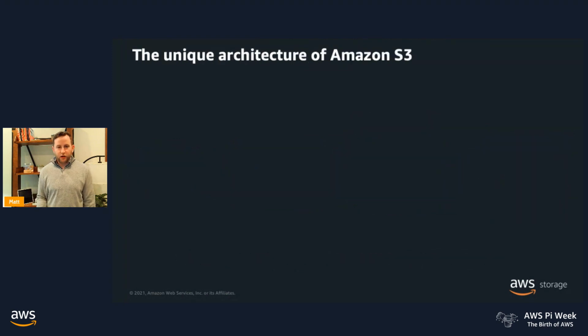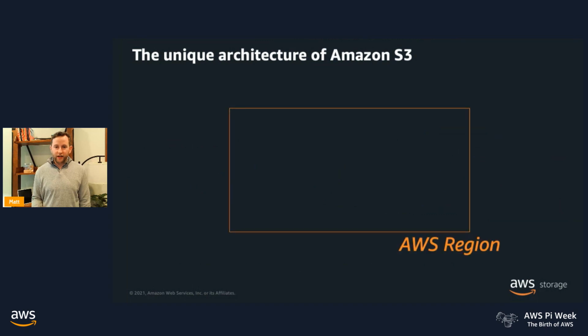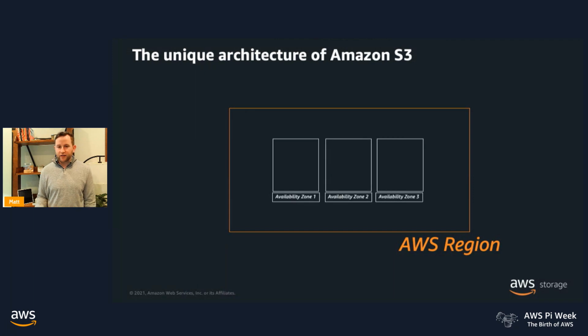So as I mentioned, one of the fundamental primitives of AWS is the region construct. Many other AWS services have you select a specific AZ to use that service. For example, if you're launching an instance in EC2, you might choose a specific AZ. Or if you're spinning up a cluster for your EMR workload, you would choose a specific AZ likely.